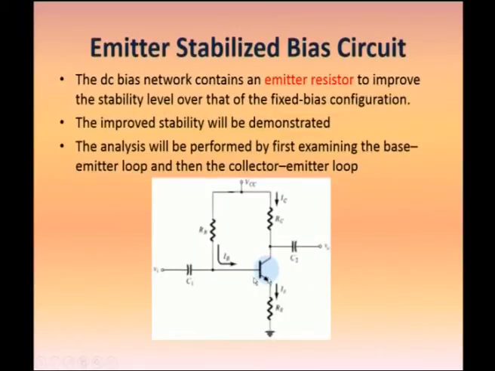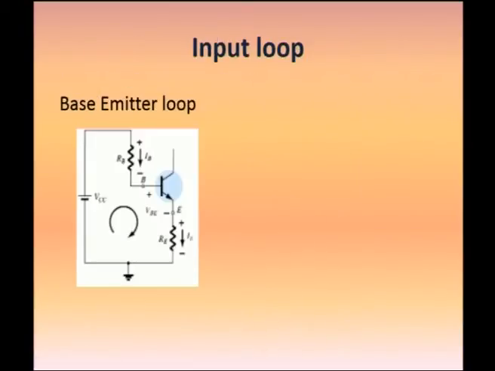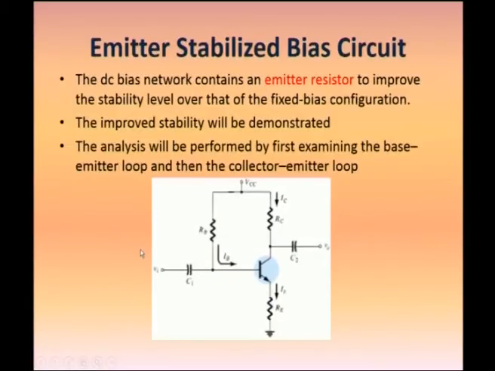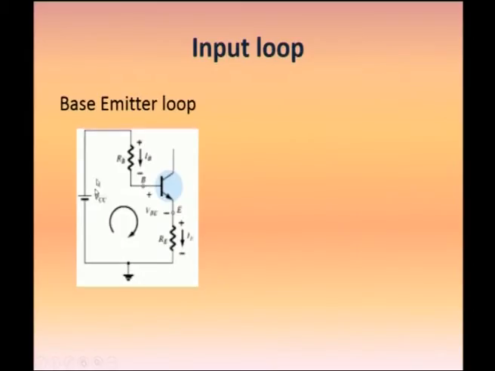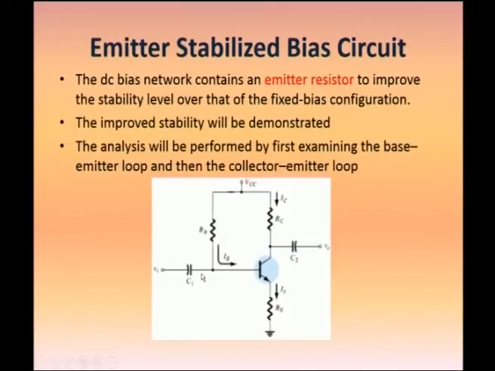We have to find out the IB current, since the IB current is going to be reflected in the IC current. So, this is the base emitter loop. When you look at this circuit, we have not taken the capacitors; we have taken only the resistance part and neglected all the capacitors here.